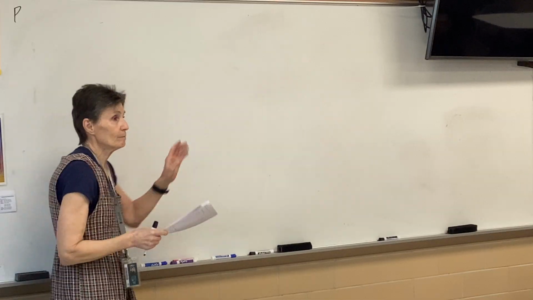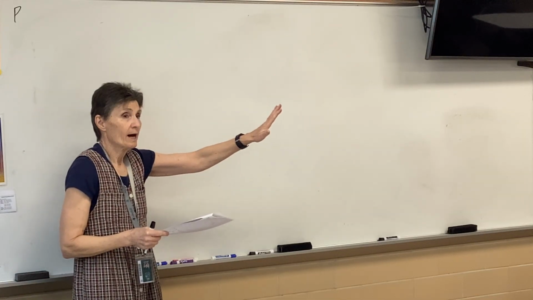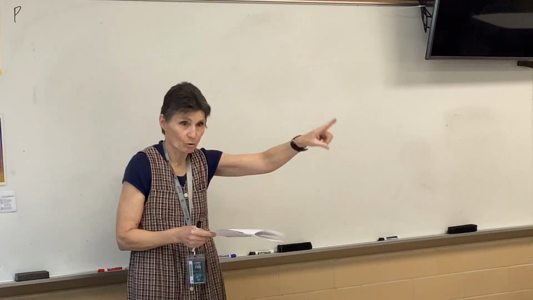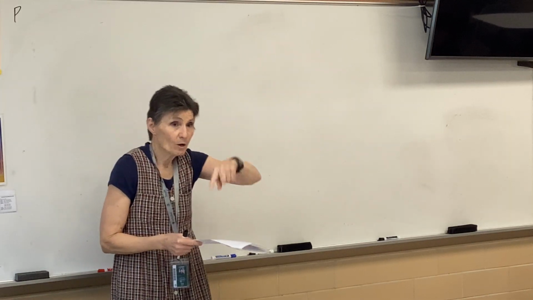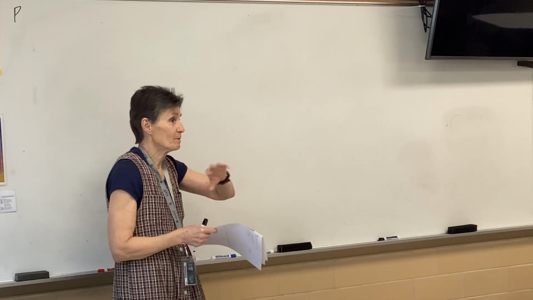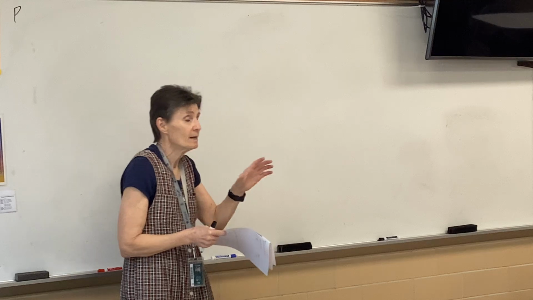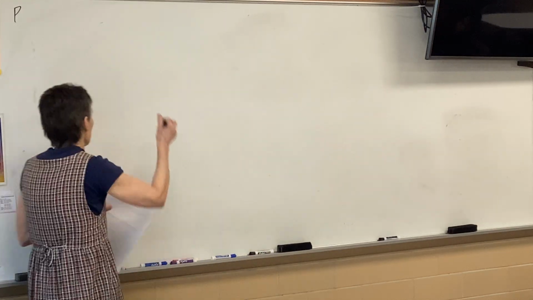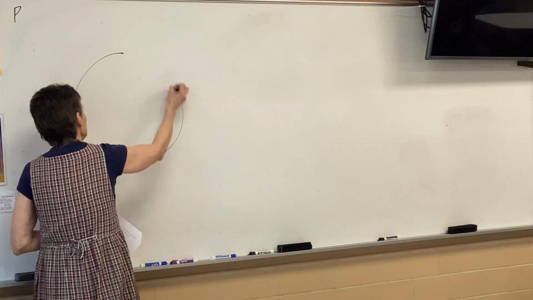Draw a picture. All right, guys. This is the directions on the test. Draw a picture. If you don't draw a picture, you're losing points. If you do draw a picture, but you don't have a clue what's going on, you'll at least get something for drawing the picture. So we have a regular octagon.